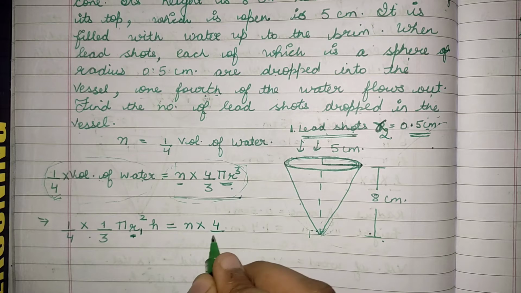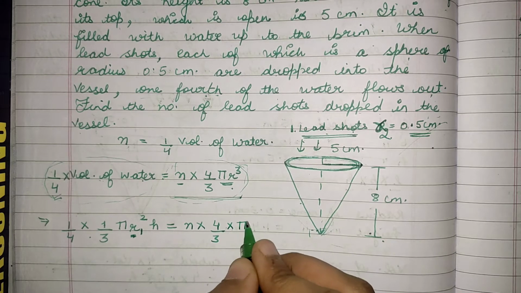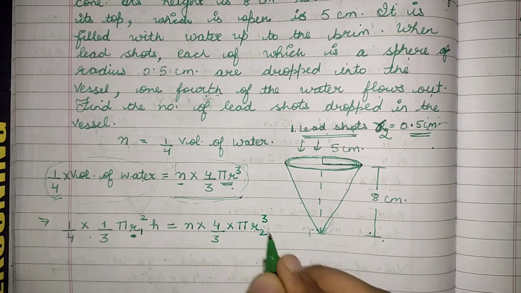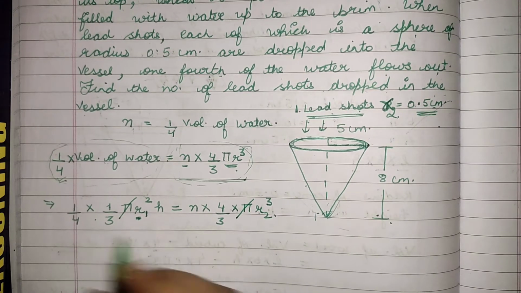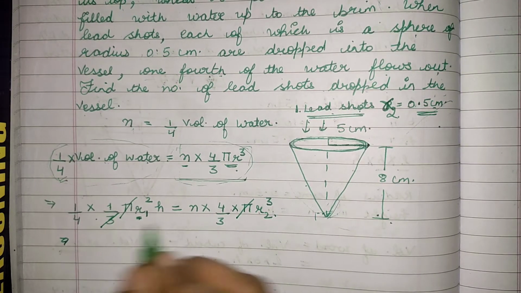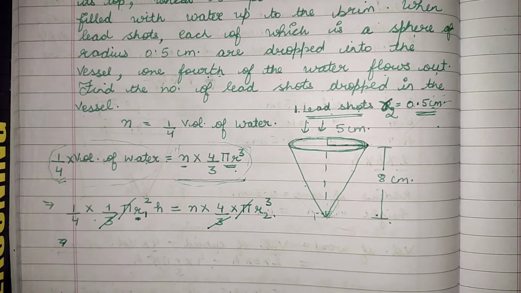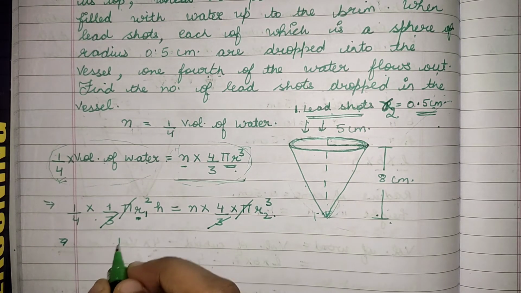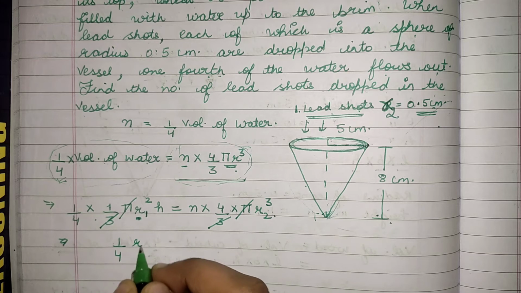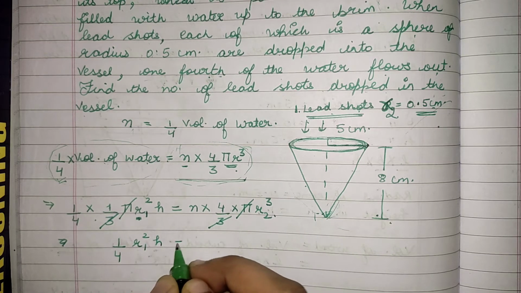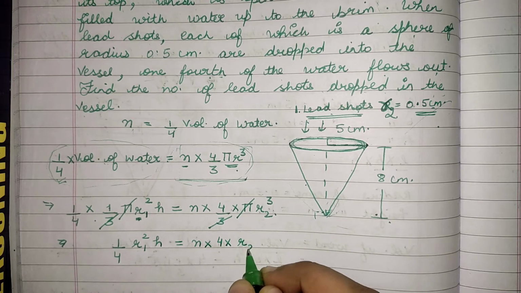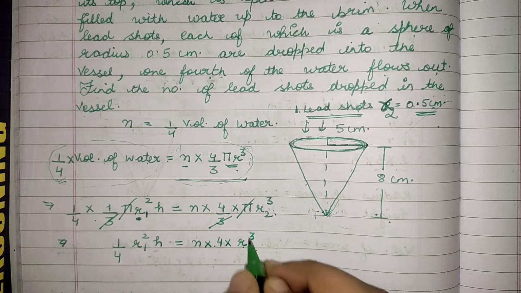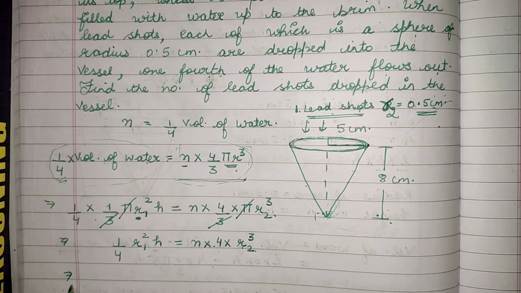So put the values, 4/3 pi R2 cube. Pi and pi will get cancelled from both sides, and 3 and 3 will get cancelled from both sides. I will be left with 1/3 R1 square h equal to n into 4 into R2 cube.